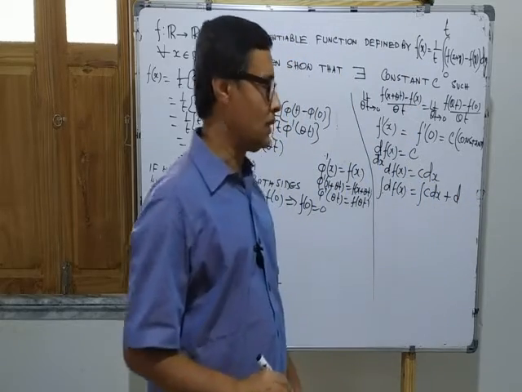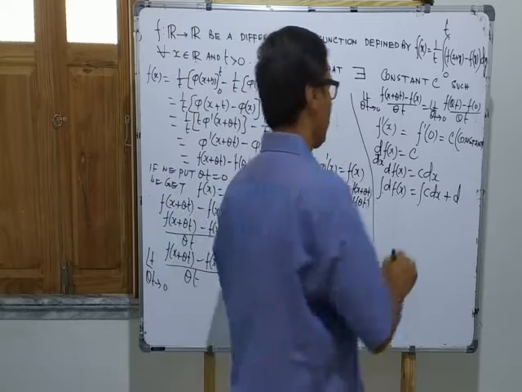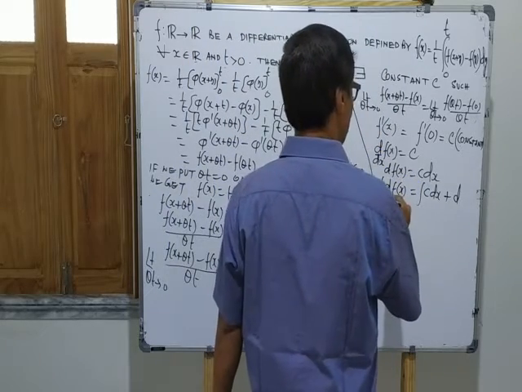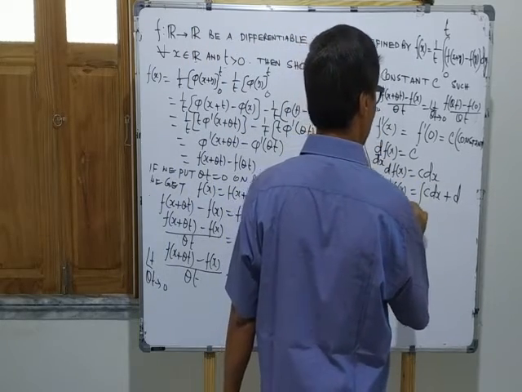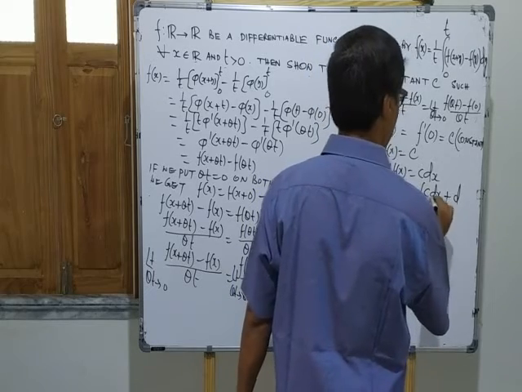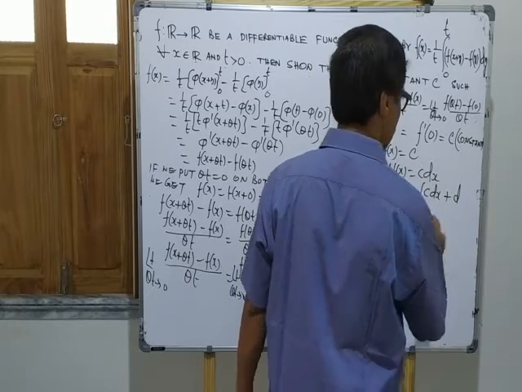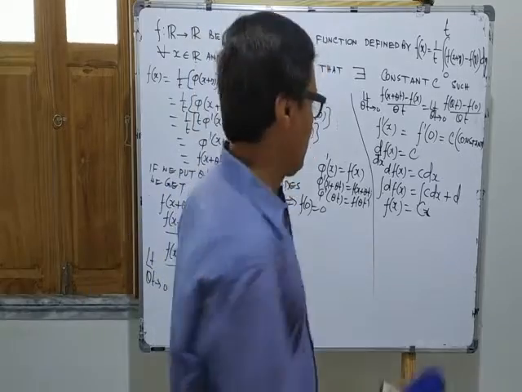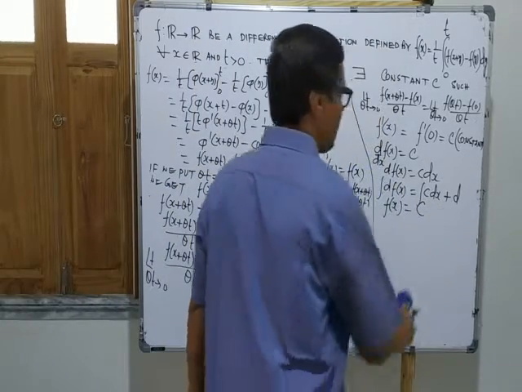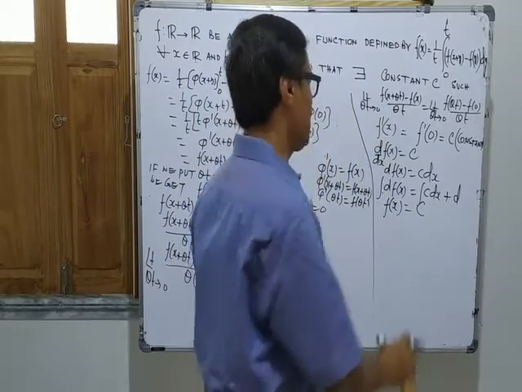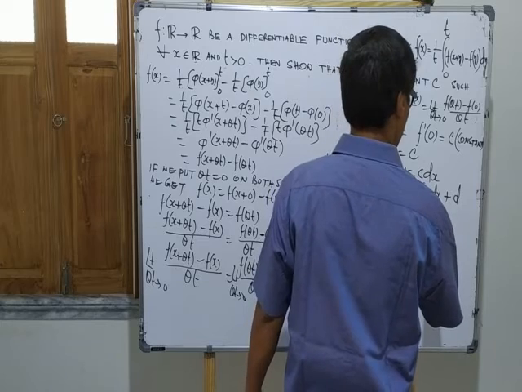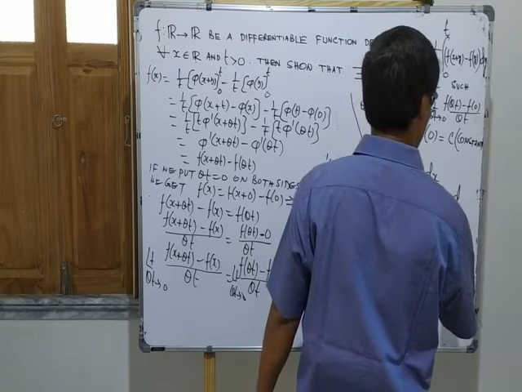C is constant, the integration of dx is x, so f x equals c into x plus d.